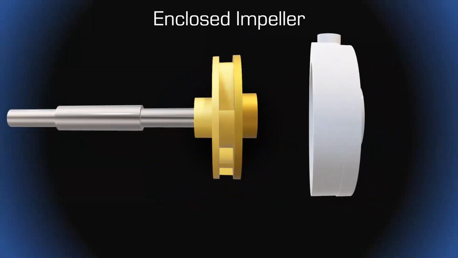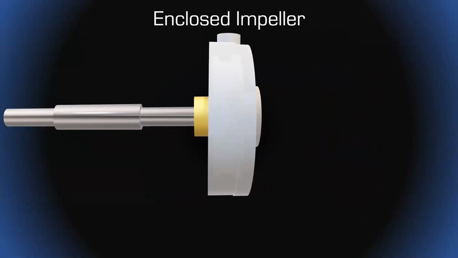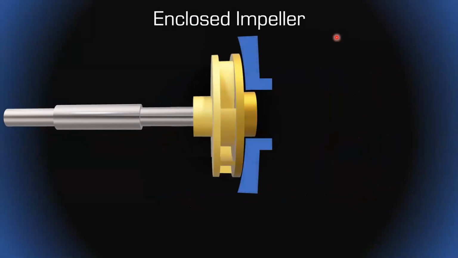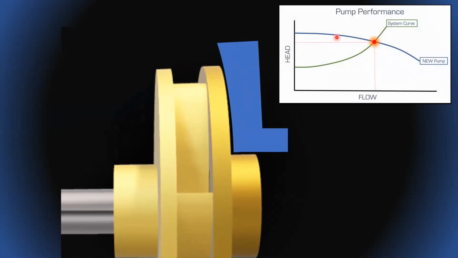Now, if we put these back together again and see how that volute actually interplays with the impeller, we'll see here, that's the cross-sectional view, that blue cross-sectional view of where the volute actually sits. And if we take a close-up look, this is a brand new pump, nice tight tolerances.